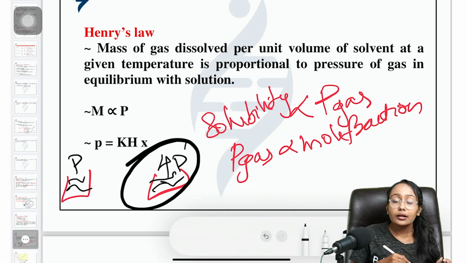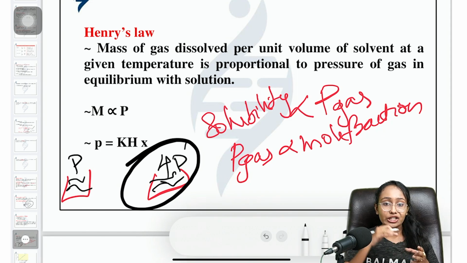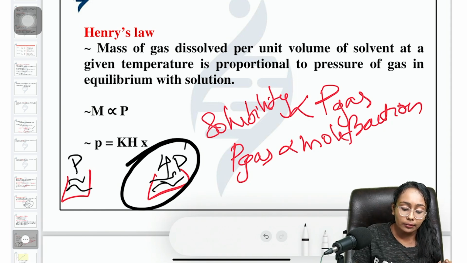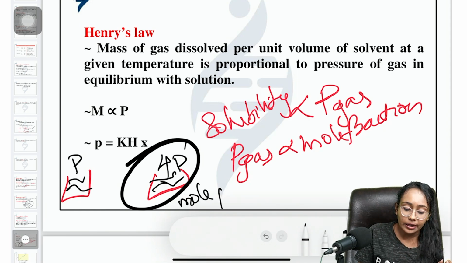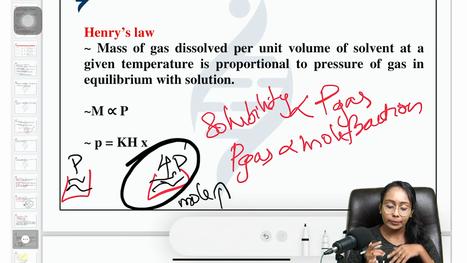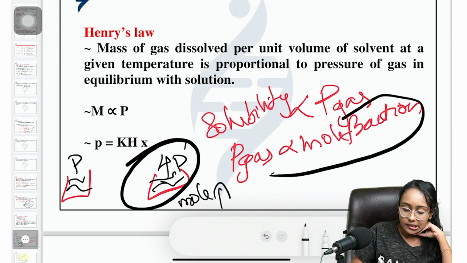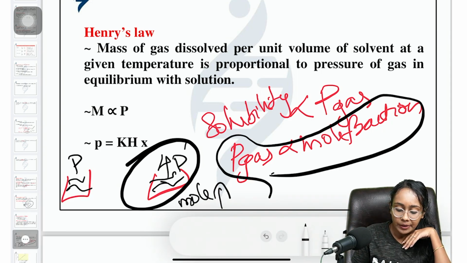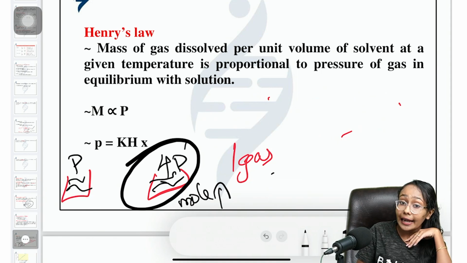Obviously, this container which has 4P pressure, the gas in it will be highly soluble, and the mole fraction will be high. So from this relation, partial pressure directly proportional to mole fraction, I can derive Henry's law.